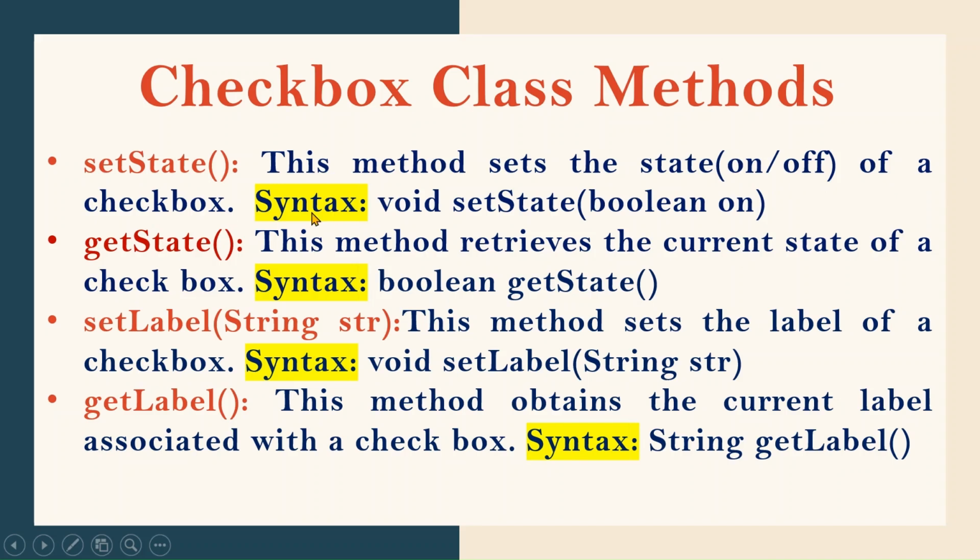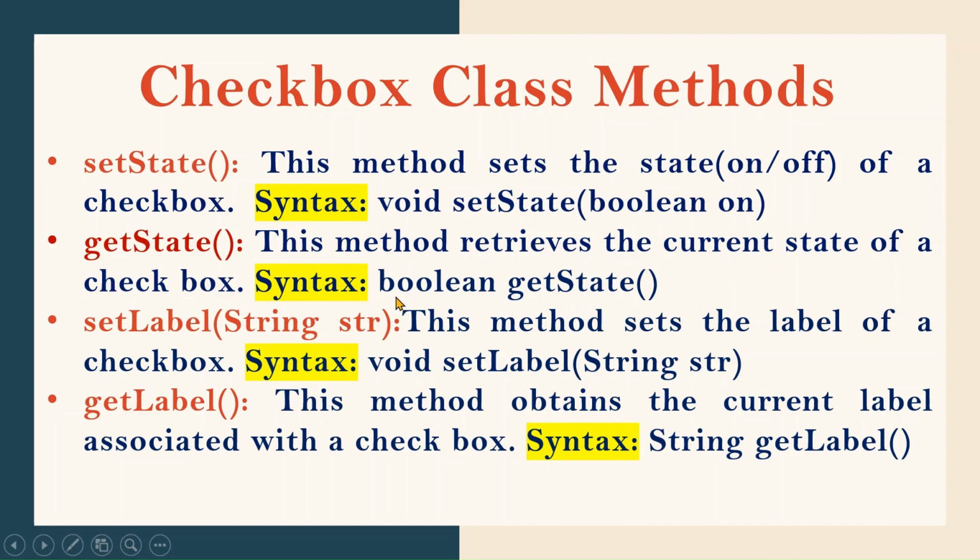Now here, once you create a checkbox, you have a checkbox object. You take that object dot set state and you write true. So when you write true, the checkbox is going to get a tick mark. Now if you want to retrieve the current status of a checkbox, that means whether it is checked or unchecked, the get state method retrieves the current state of a checkbox.